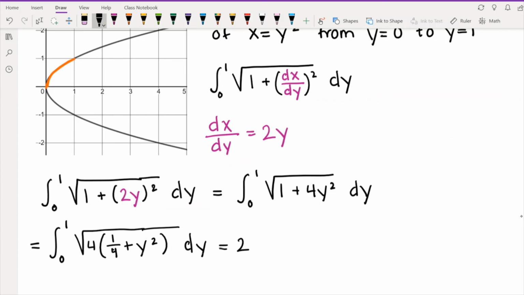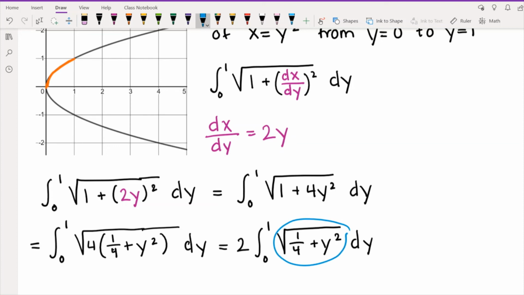So we now have 2 times the integral from 0 to 1 of the square root of 1/4 plus y squared. And so now, even though it's a slightly difficult one to do, we're in the same kind of form that we're familiar with. So we've seen that if you have an expression of the form a squared plus y squared this time, because that's the variable we have, then we'll let y equal a times tangent of theta.